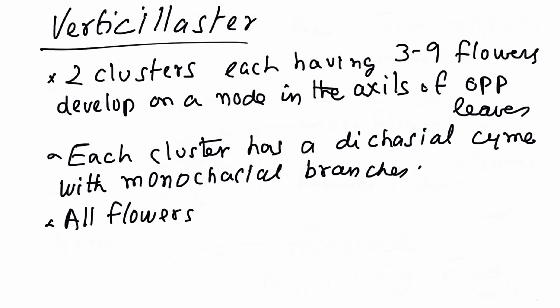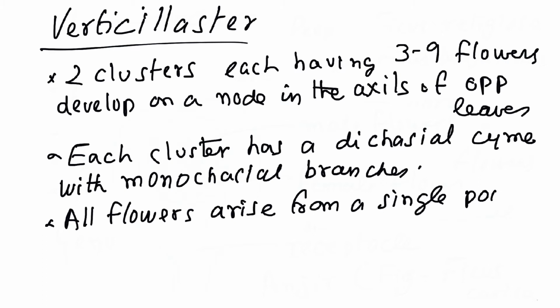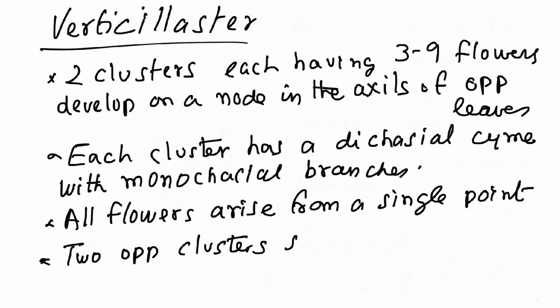The third important point is that all the flowers are arising from a single point. There's a common point from which the flowers develop. Now, going on to what I said earlier, why is this inflorescence called Verticillaster?